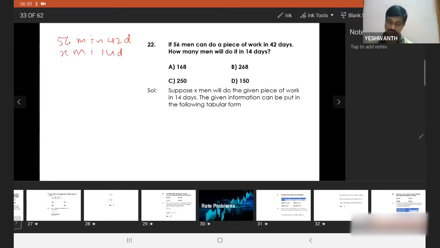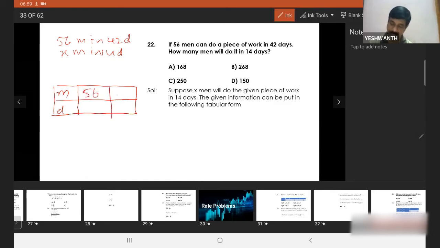So with this same logic, I can do it like this: men and days. 56, X; days 42, 14. If this is the arrangement, I'll take 56 into 42 equal to X into 14.